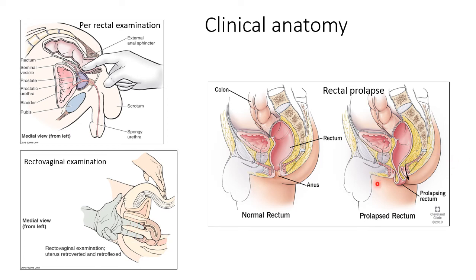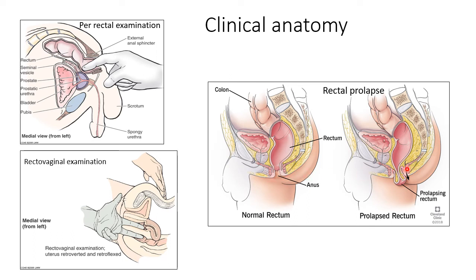What can also happen is a case called rectal prolapse. So this is a normal rectum when the pelvic diaphragm is intact. It's strong and it's preventing the rectum from falling down or bulging out of the anus.